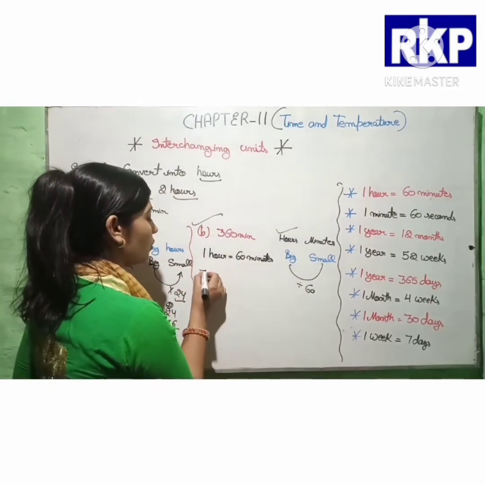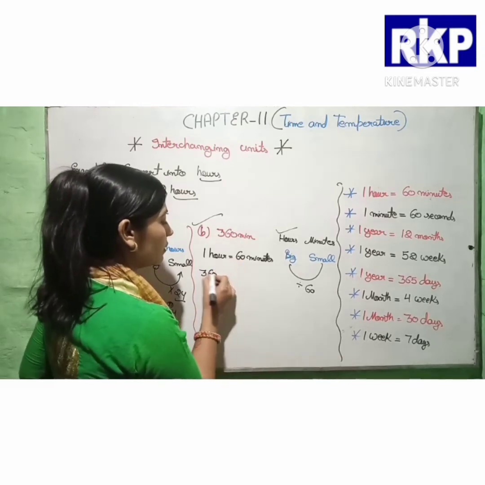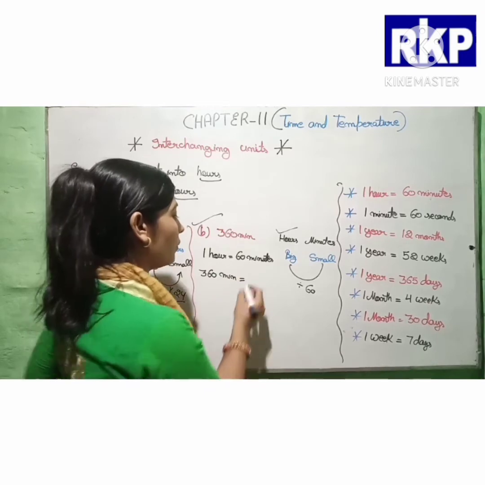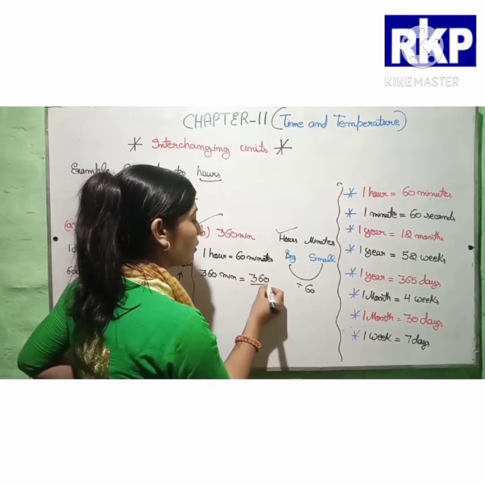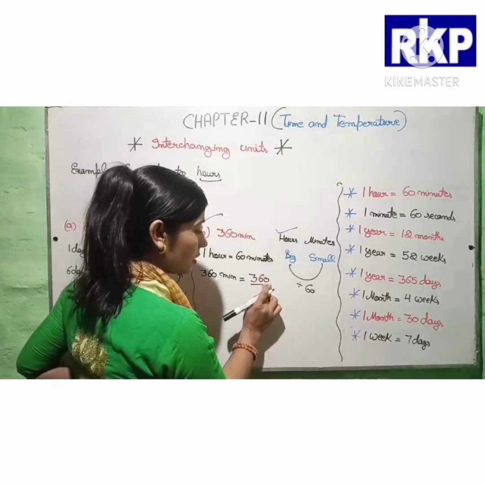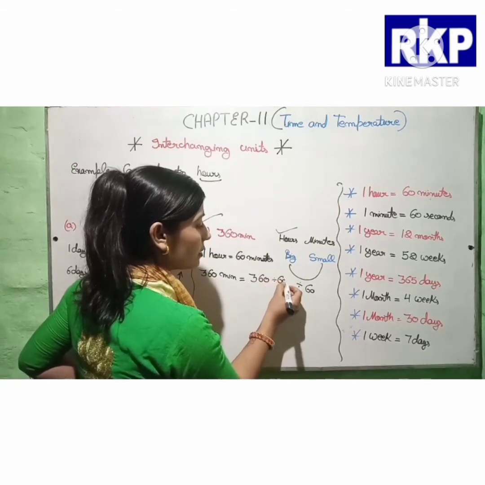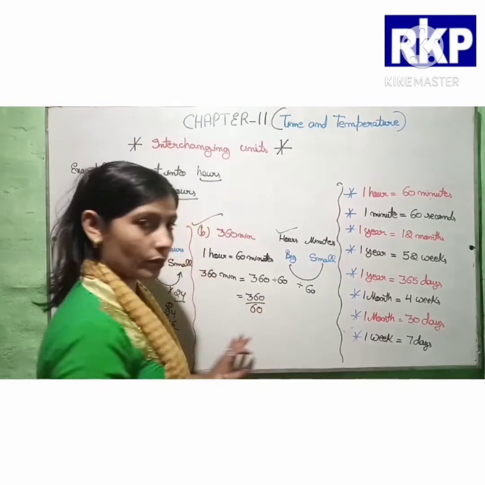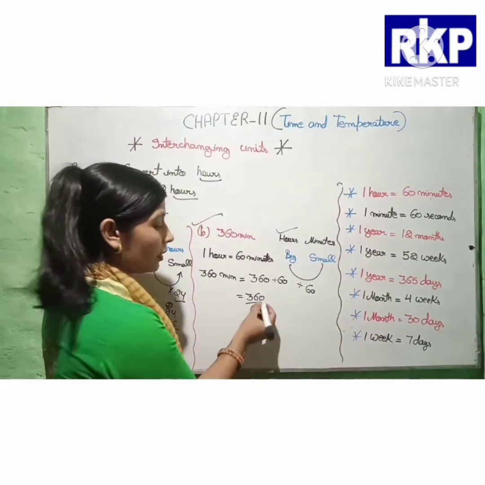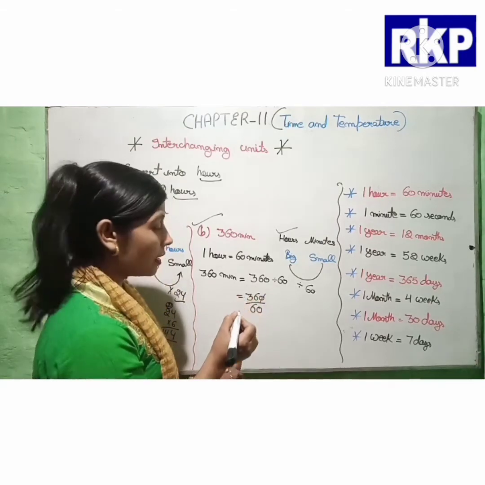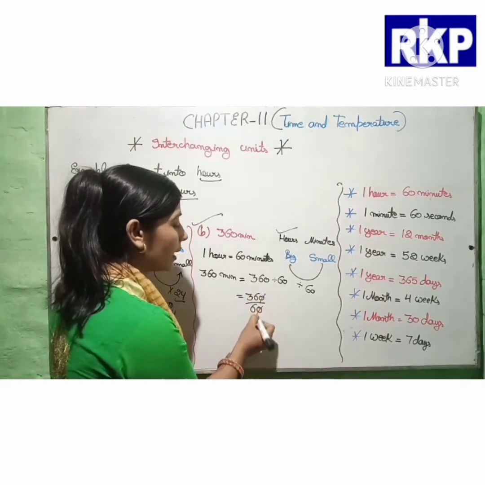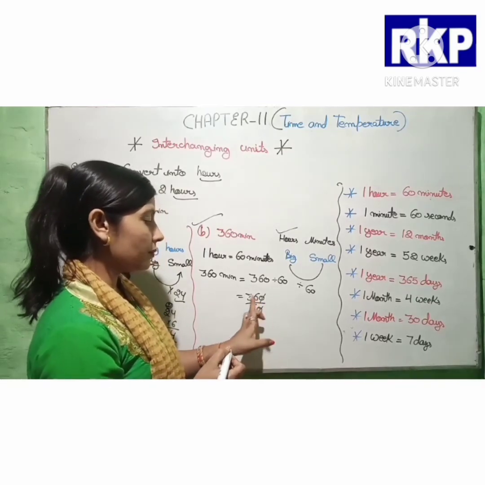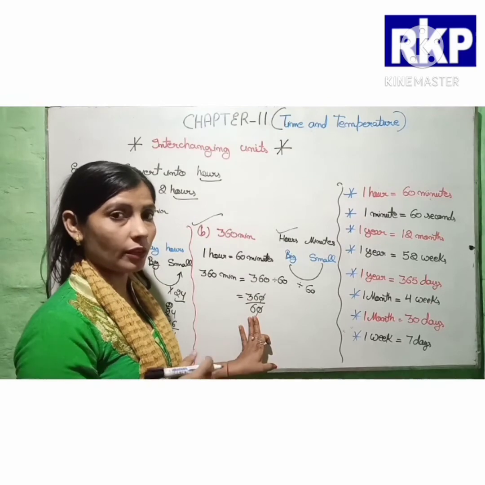First of all, we write 360 minutes as it is. And now we have to divide 360 by 60. You can write it like this or like this also. Here we have a 0 at the end of both, so we can cancel this 0 with this 0. Now we have only 36, and 6 as the denominator.